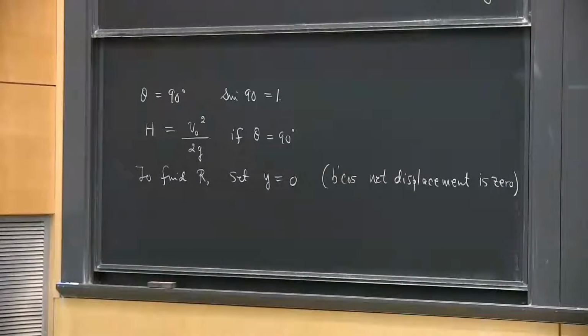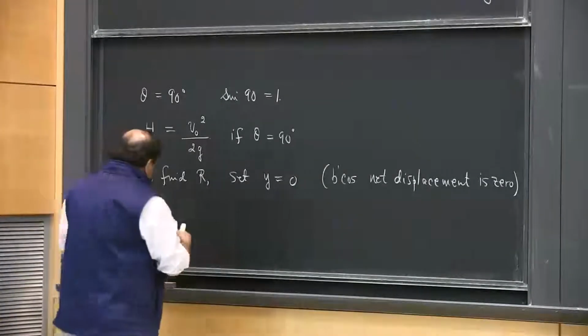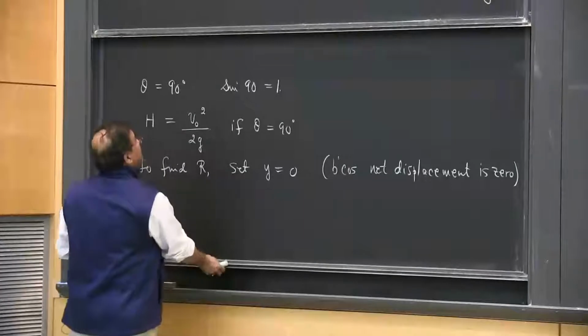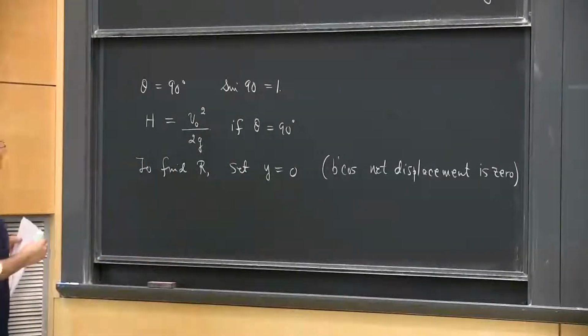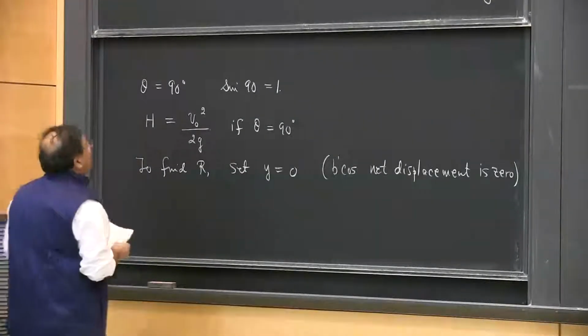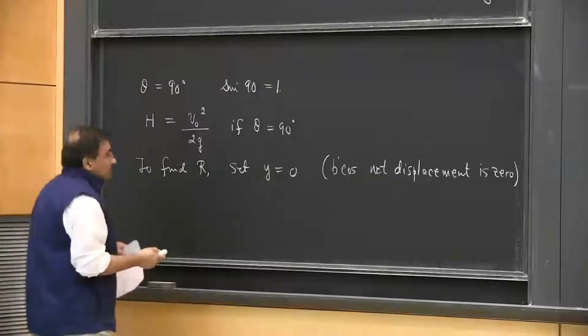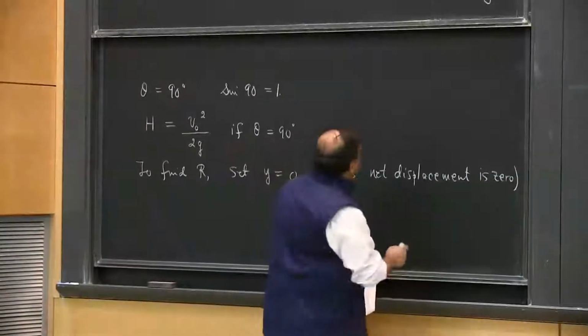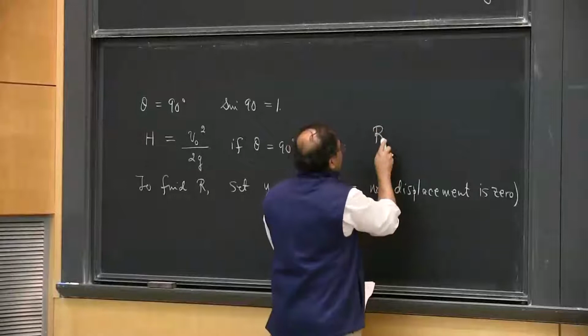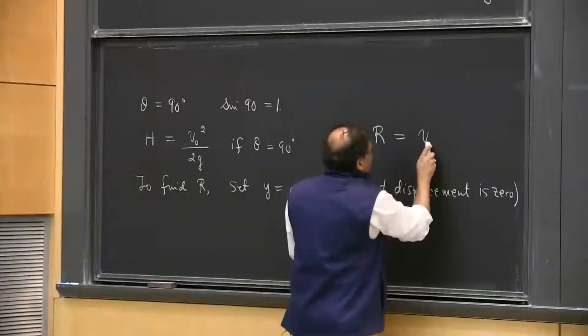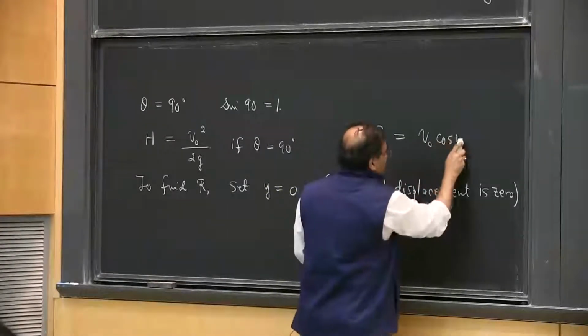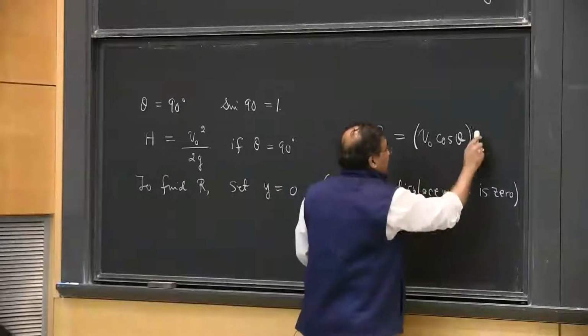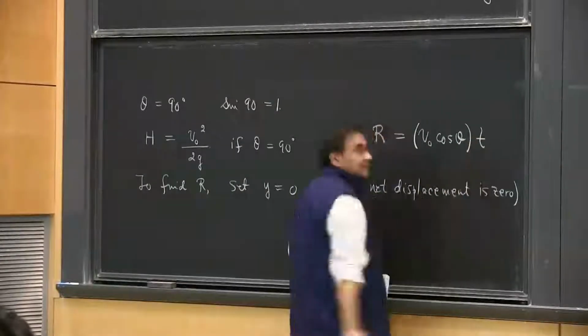These things are very important. So to calculate range, I actually need to know the time of flight. There is no other way I can do it. My plan would be something trivial. I would think about range as v0 cosine of theta, which is the horizontal velocity, times the total time of flight, t.